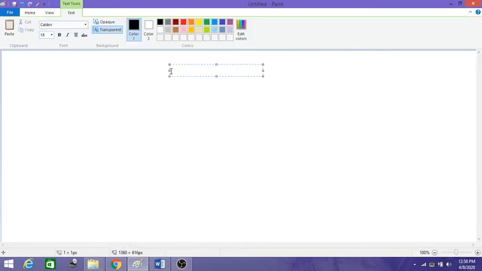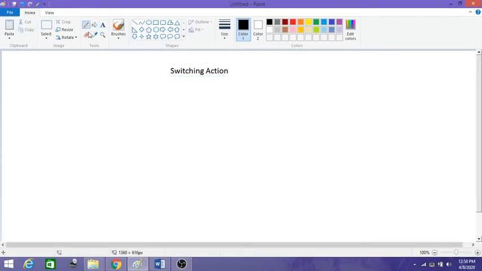Now we will see how the transistor will remain on even if we remove the gate current, so that we can see by switching action. So let us draw the two transistor model for this case.